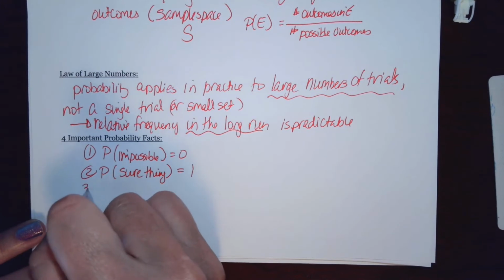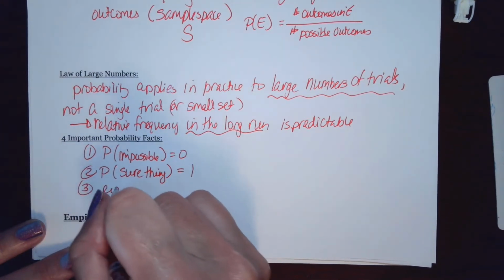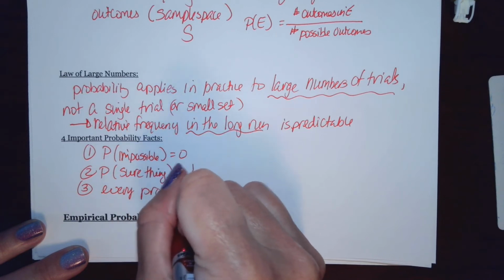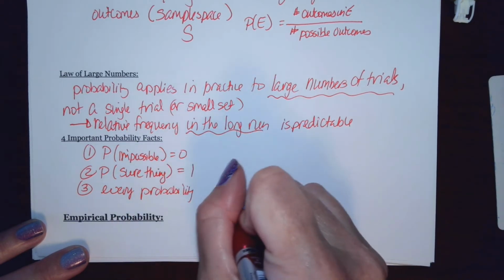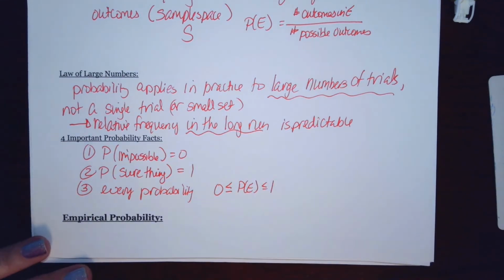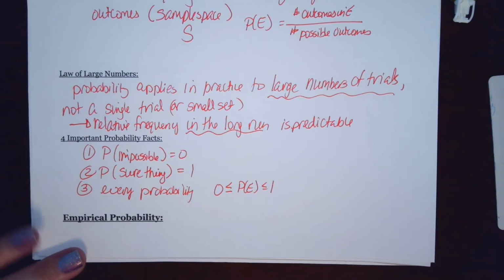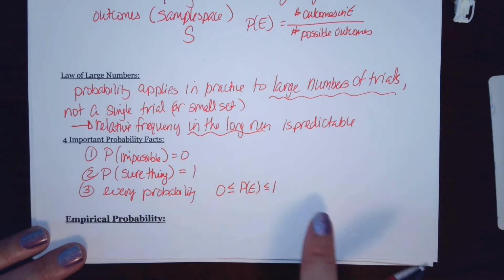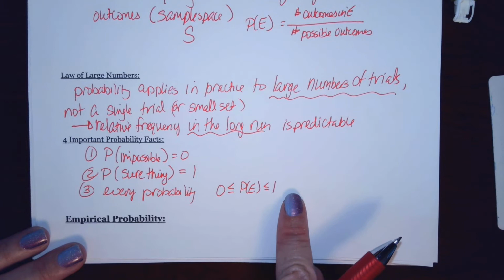Which means every possible probability has to fall between those two values. What does that mean? Well, I'm never going to have a negative number as a probability, and I will never have a number greater than 1 as a probability.